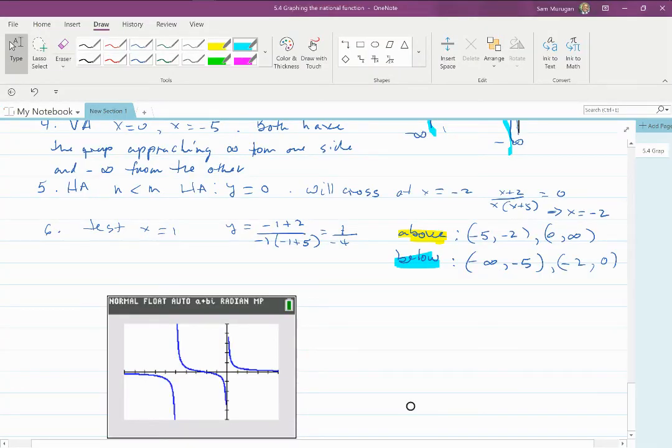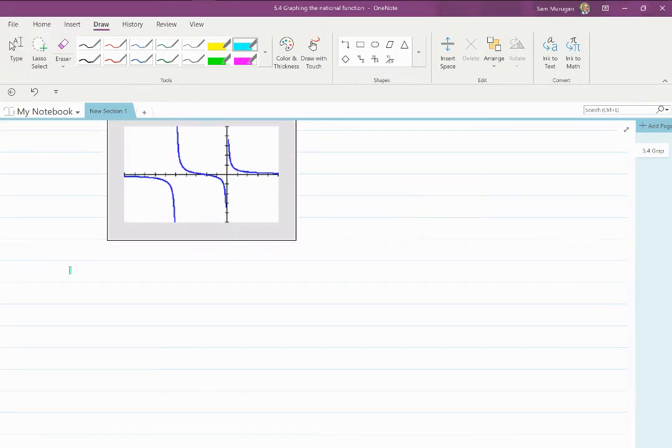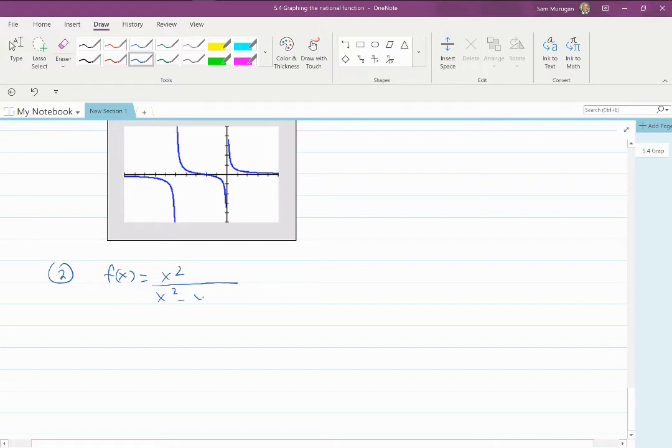Okay, so continuing with a second example, this function is f of x is equal to x squared over x squared minus x minus 6. And as usual, we're going to set up coordinates right there.